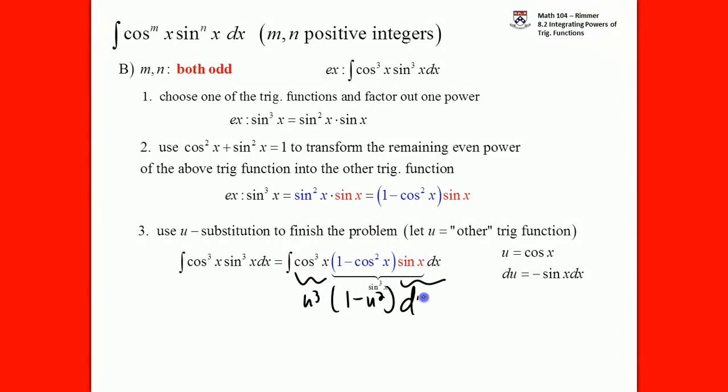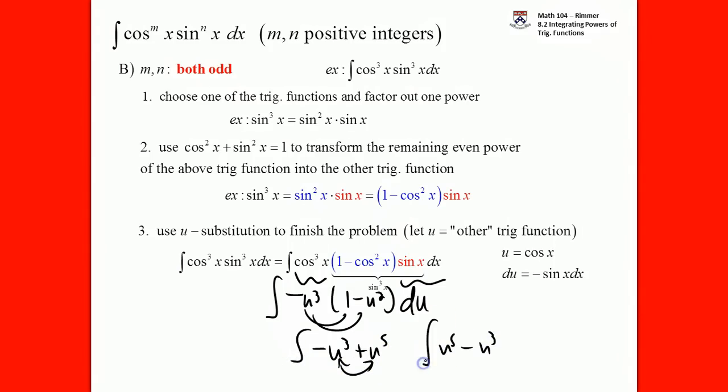I want to call this du. I had this negative out here. I integrate that. I distribute this across: negative u cubed plus u to the fifth. It just was the other way around, I just switched them. With the plus sign, I can switch them like that. All right, we're good. Sorry about that.